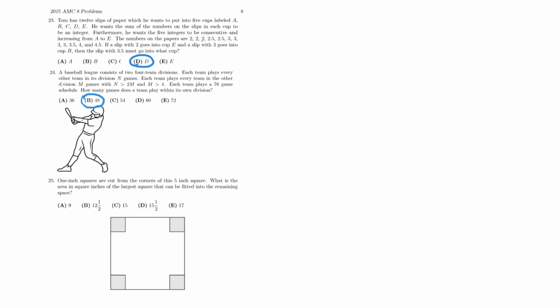Number 25. 1-inch squares are cut from the corners of this 5-inch square. What is the area in square inches of the largest square that can be fitted into the remaining space?